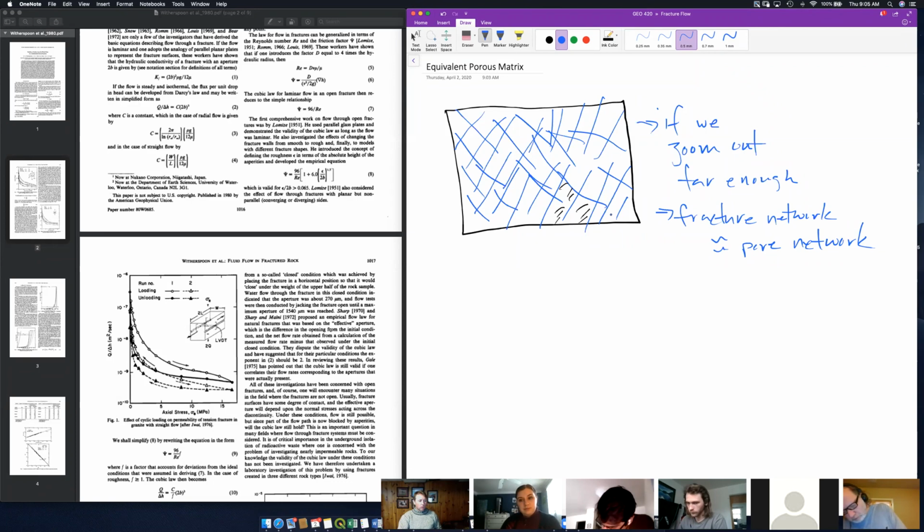And so probably the most common way people model or try to predict groundwater response in fractures is to make this equivalent porous media assumption. And what we try to do then is find equivalent parameters.